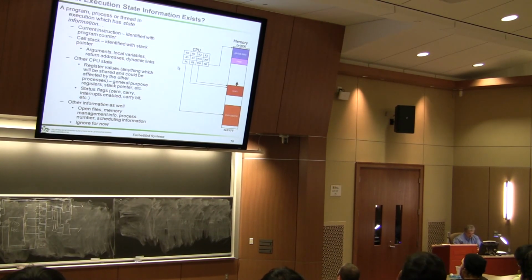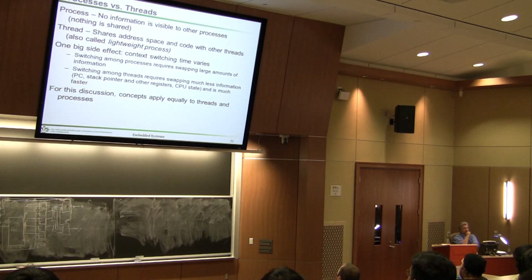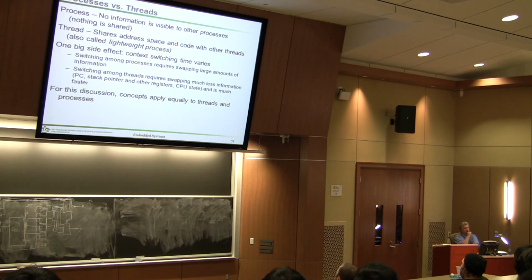Now, imagine a more complex environment where you are running multiple things. In other words, a process, in this case, we'll define as: no information is visible between processes. A thread shares the address space and code with other threads.